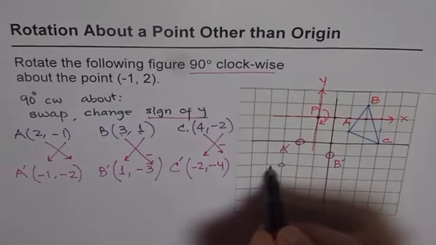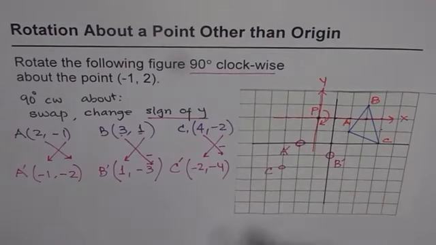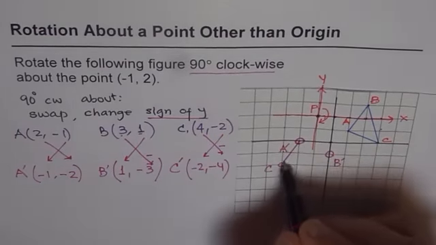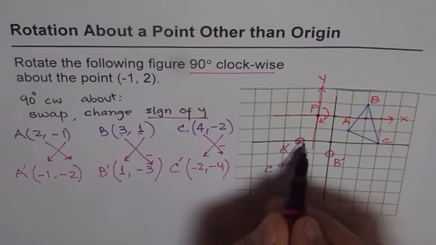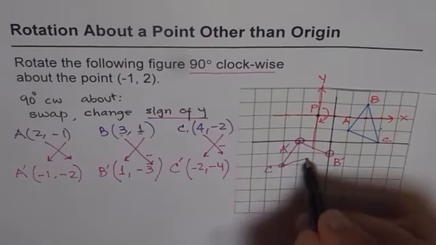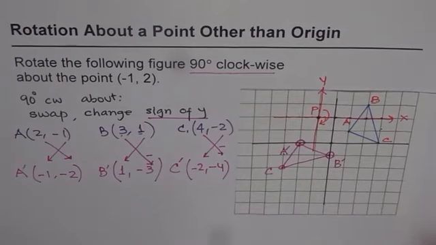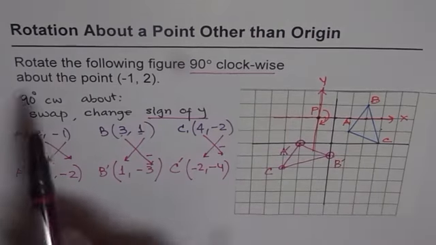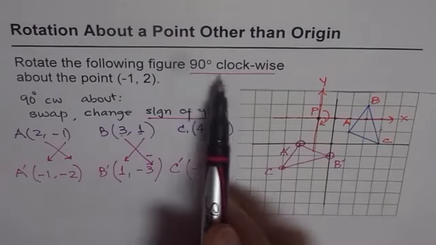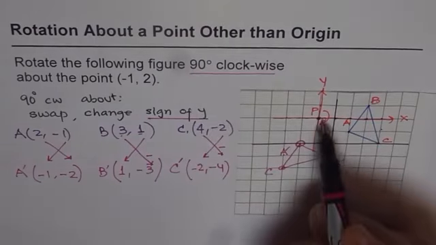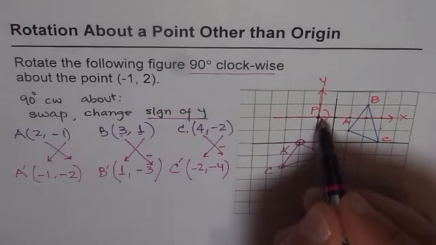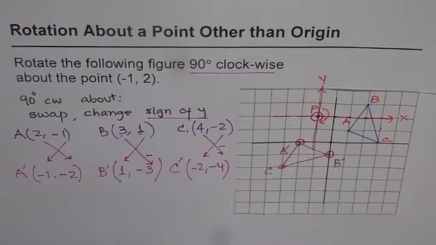So that is the point C dash for us. Now we can join these points. And we get the result, which is we have rotated our figure 90 degrees clockwise. Do you see that? About the point P.